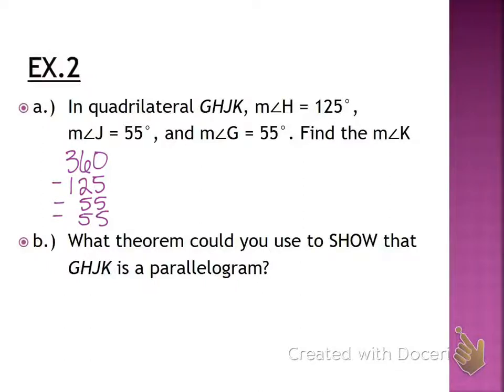Okay, if you would rather add up all three of these first and then do one subtraction, that's fine. Either way, what do we get for the measure of angle K? Okay, we do get 125 degrees.